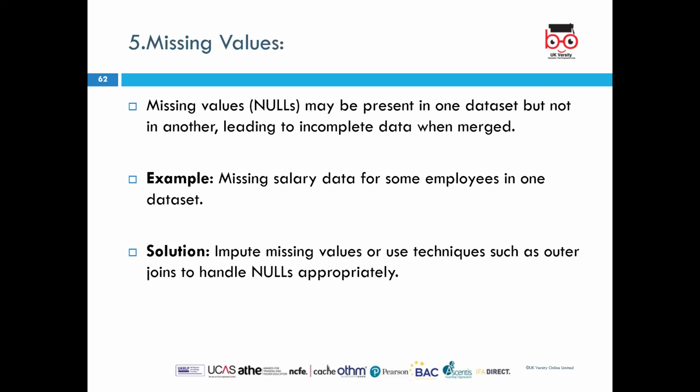These might be present in one dataset, but not in another, which will lead to incomplete data when merged. Solutions for this, we have to impute missing values. We use techniques such as outer join to handle our nulls properly.